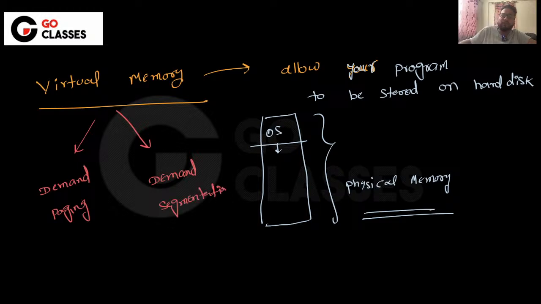I mean, these are just a method to implement virtual memory, but the core idea is this, right? So let me just write the core idea and the methods both. The core idea of virtual memory is like this.